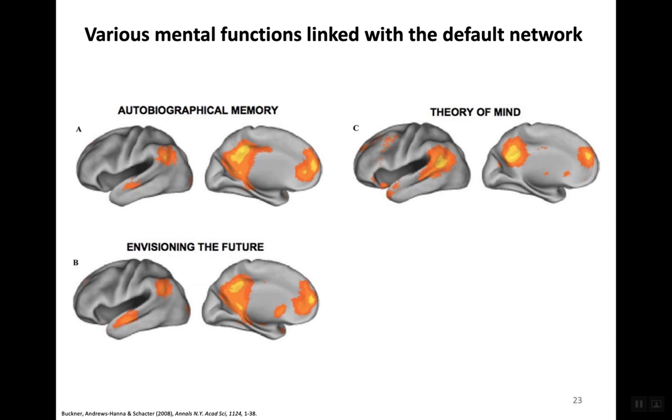Another example is provided by what we broadly call the theory of mind. And this refers to our ability to put ourselves into somebody else's shoes in terms of thinking and reasoning and feeling. So whenever I try to understand how somebody reasons in response to a particular stimulus, this reflects the theory of mind.